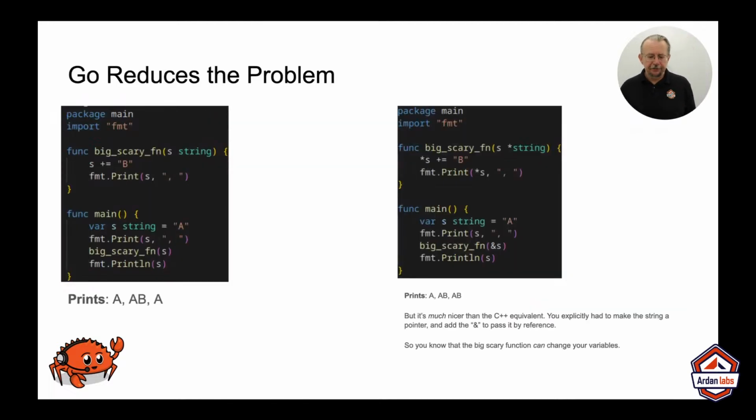Now, Go makes this a lot better. You'll notice on Go, you still are only changing one thing on the function side, s string, s star string. But on the main side, big scary function s and big scary function ampersand s. You are clearly indicating that yes, I know I'm giving you a reference. Yes, I know I'm giving you a copy.